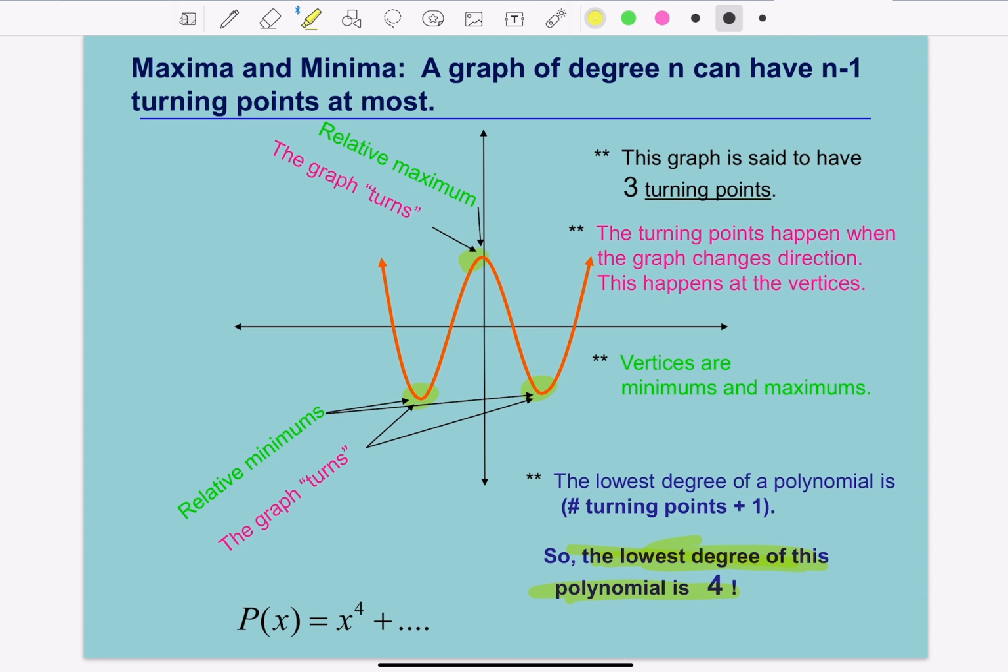So a graph of degree 4 will have maximum 3 turning points. A graph of degree 5 can also have 3 turning points. A graph of degree 6 can also have 3 turning points. So a graph of degree n has at most n minus 1 turning points. So if I see 3 turning points, then the degree is at least 4. It could be more, but at least 4.